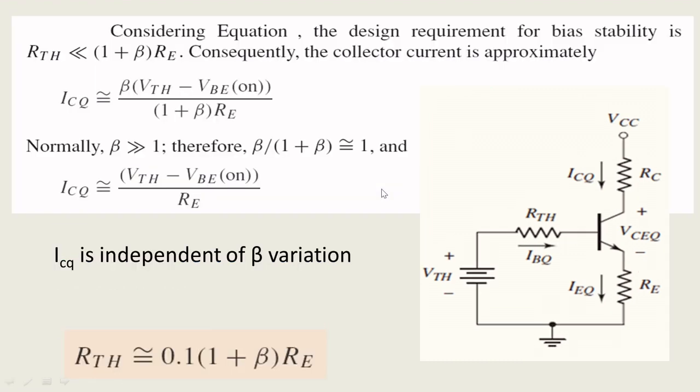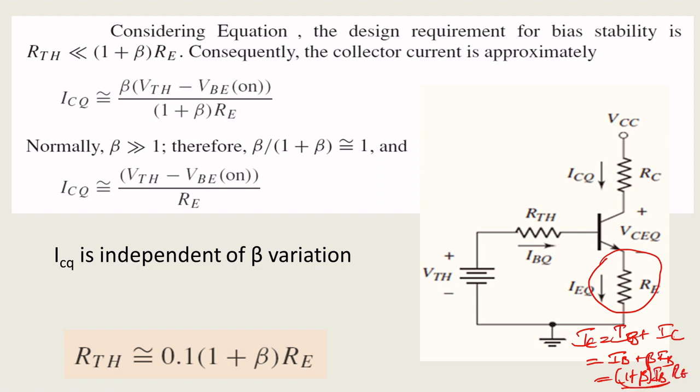What is the condition to minimize? So the condition to minimize is, we need to consider this resistance. What is the resistance? We know that IE equal to IB plus IC. So IB plus beta times of IB. So this is nothing but 1 plus beta into IB, into RE.